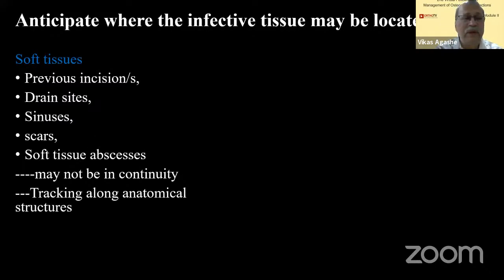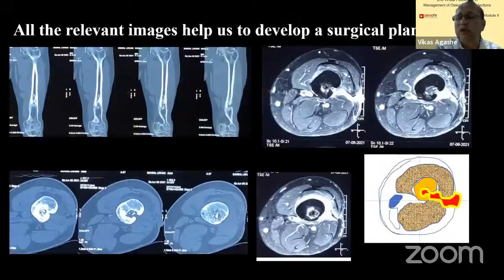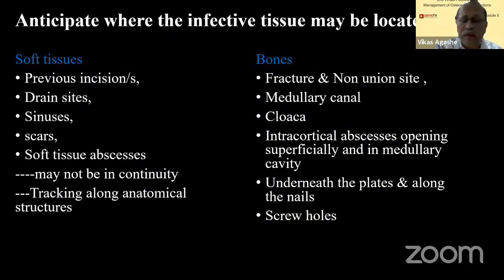So anticipate where the infective tissue could be located. Next, please. So in the soft tissues, next, please, and in the bone. In the soft tissues, the pus can be in the previous incisions. Remember that the drain site as well as the connection between the incision and the drain site, that entire tract is generally infected.